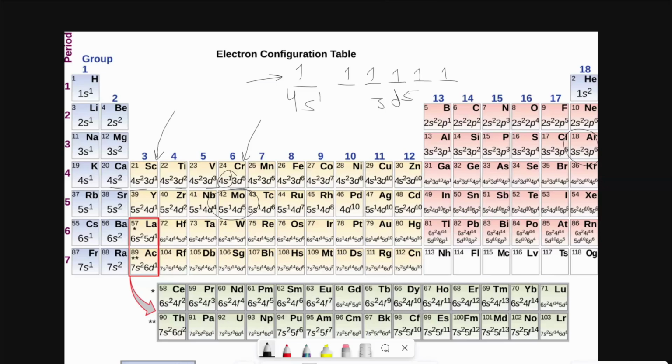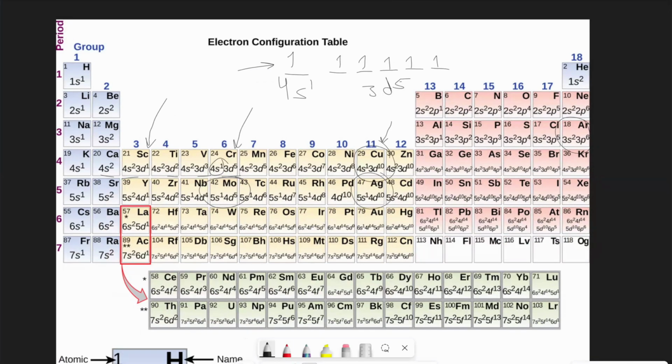This also occurs very similarly once we get to copper, silver, and gold. Very interestingly, in all of these cases, the s orbital is half filled and it prefers to fully fill and throw 10 electrons into the 3d10 orbital or the 4d10 orbital or the 5d10 orbital. And so these are different exceptions.